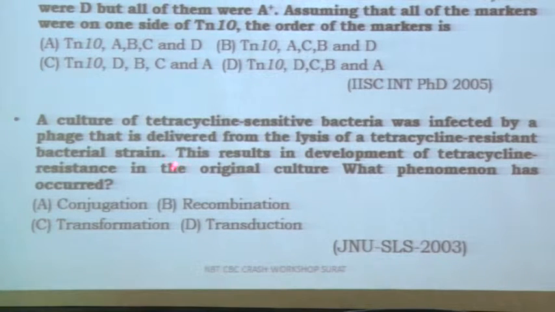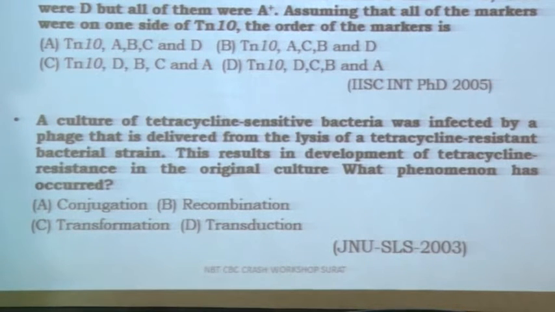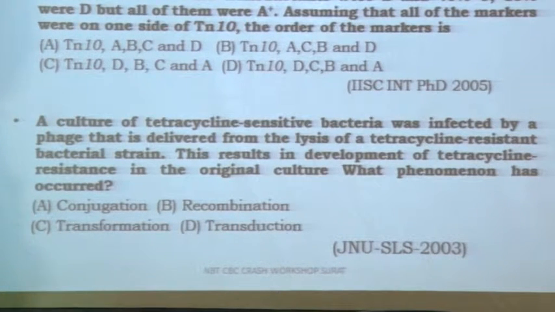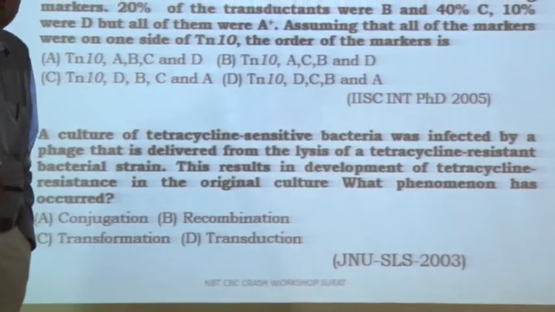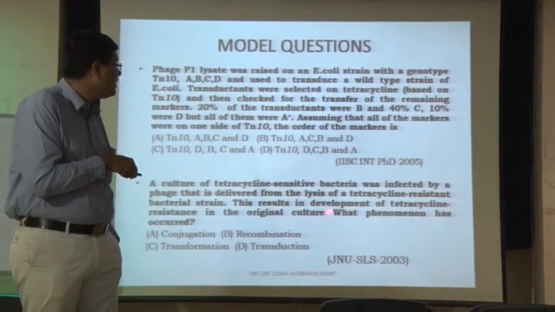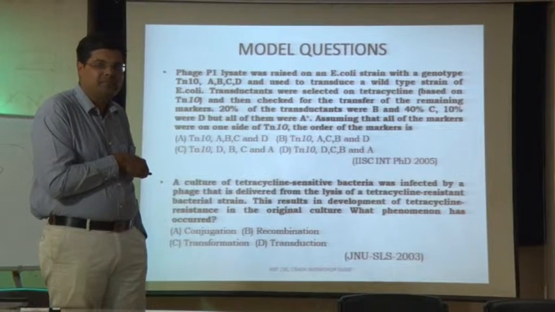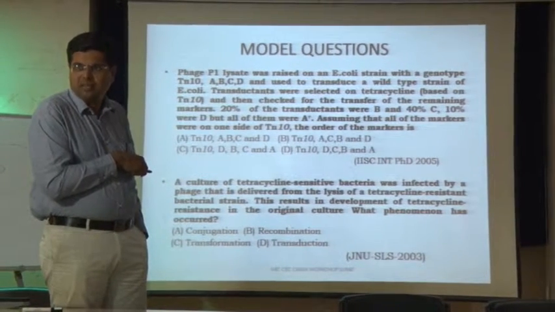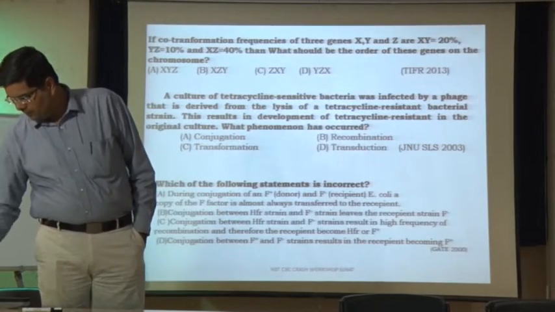What phenomenon has occurred? एकदम easy question है. What phenomenon might have occurred? Transduction. ये आपको पता होना चाहिए. अगर आपको ट्रांसडक्शन का मैकेनिज्म पता है, you will be able to. पर लेकिन उसने पूछा कैसे है, आप देखिए, सीधा नहीं पूछा है. Are you getting it? Okay.